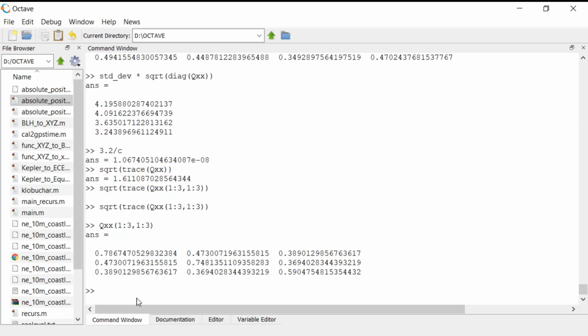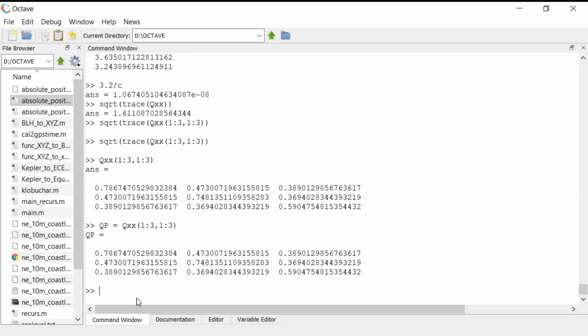So you see I am dealing only with this term, so let's define another matrix, let's say QP.